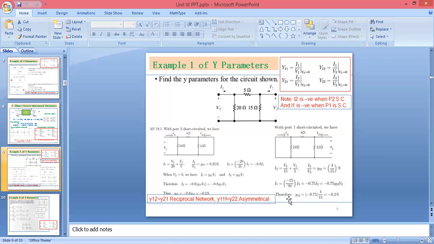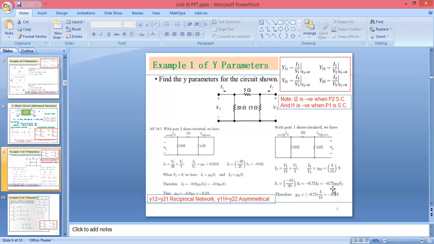So the resistors that are in parallel go in the numerator. We have to derive the current inside the 5 ohm. So you will consider 15 ohm in the numerator, 15 plus 5 in the denominator, and we take a negative sign because I1 and I2 are in opposite directions. That's why we are taking negative.